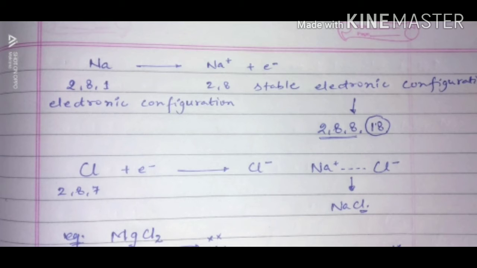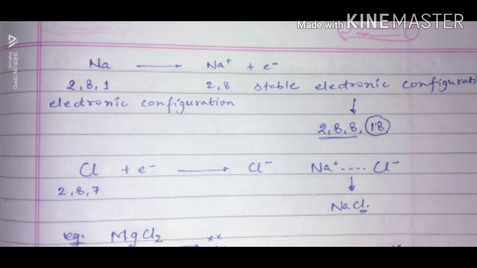So student, here you can see on your screen one example, sodium chloride. For that, sodium first releases an electron and forms the cation. Here sodium will release only one electron. Why? Because sodium wants to become like neon. So it will release one electron.